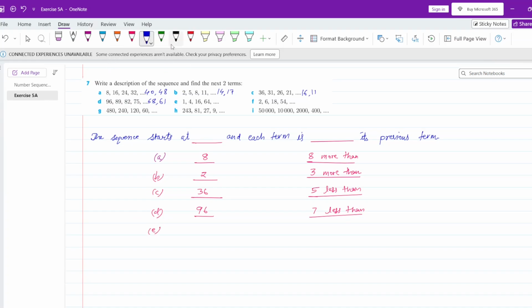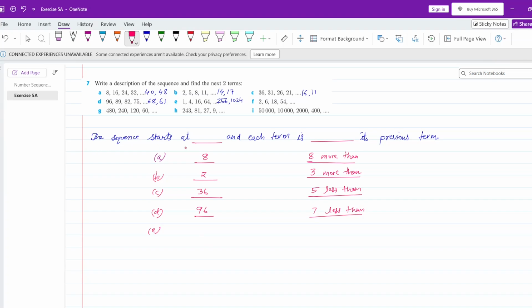E. 1 times 4 is 4, times 4 is 16, times 4 is 64, times 4 is 256, times 4 is 1024.